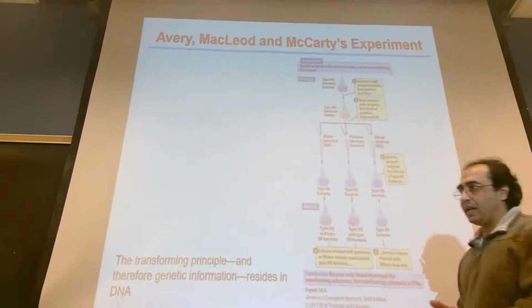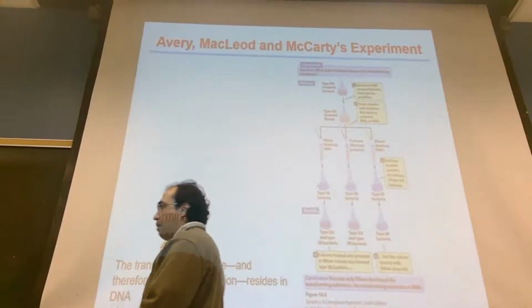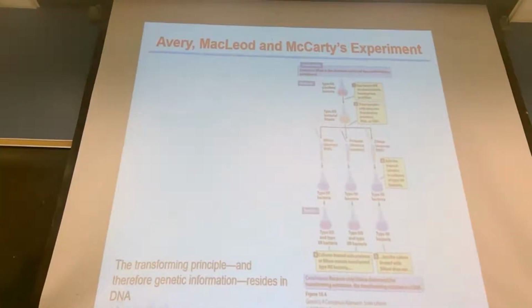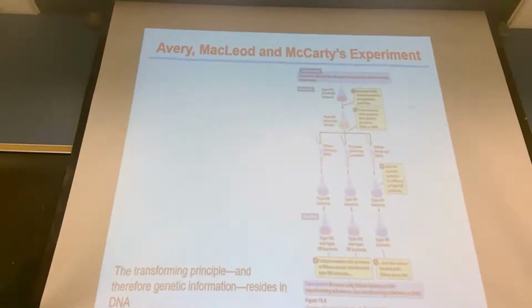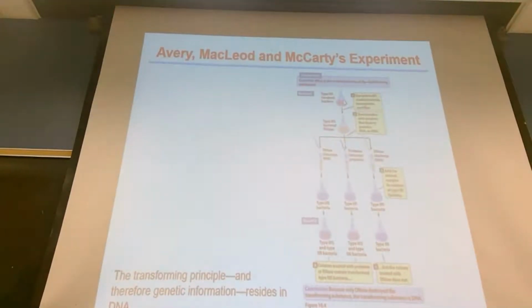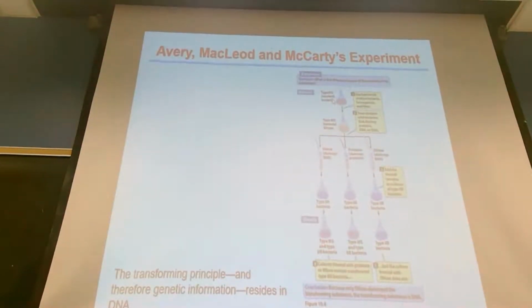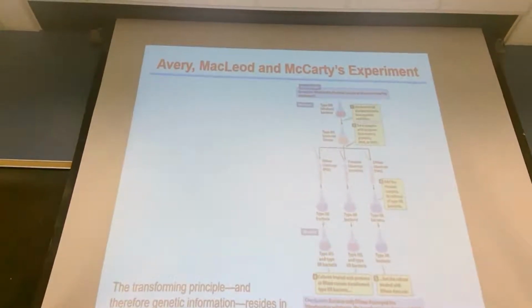Then these three scientists, Avery, MacLeod, and McCarty, did this experiment, just like the Griffith experiment. First, heat kill the same bacteria, Streptococcus. Then filter this bacteria and separate out all the components.